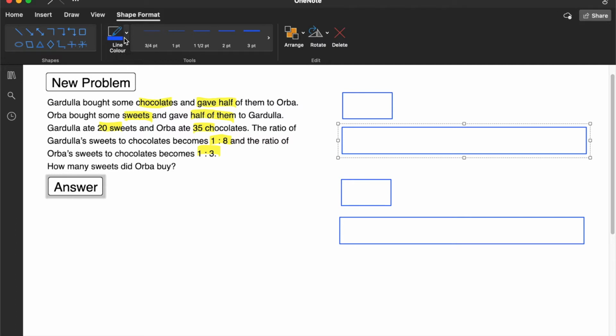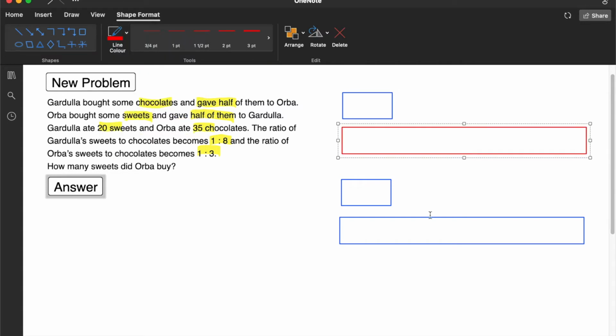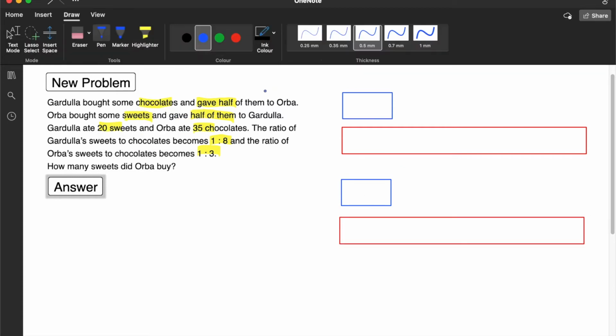Okay, I'm going to use a different color for the chocolate. So let's use red. Okay, so this is Gardula, G, and this is Orba, O. Right, so Gardula ate 20 sweets, and then what happens?